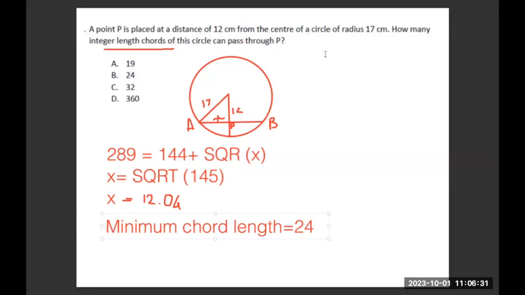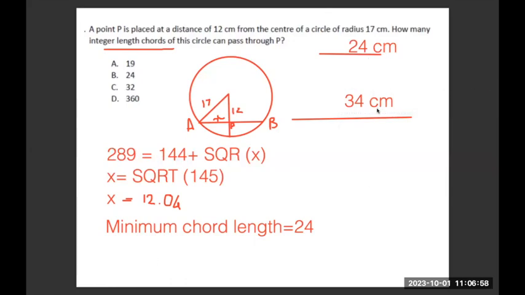Now the maximum chord length which will come here. One second. So there is a chord length of minimum 24 and then there is a maximum chord length of 34. This is 24 centimeters and this is 34 centimeters.